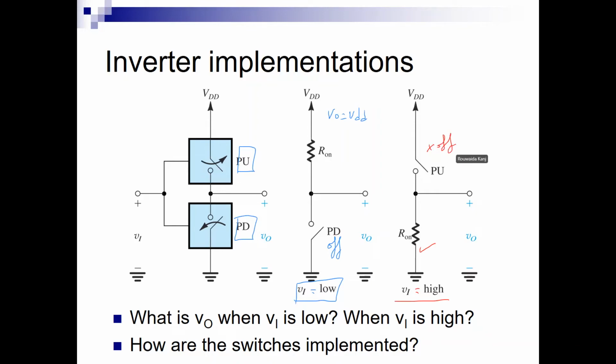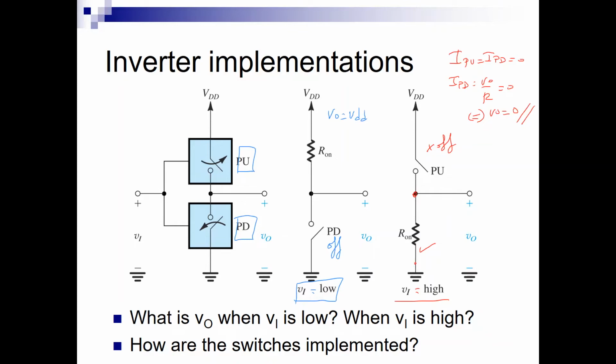So I pull up equals I pull down equals 0. But I pull down is VO over R equals 0, so VO will equal 0. We can think of it this way: the output has no path to VDD, it is only connected to ground, so naturally it will be equal to 0.